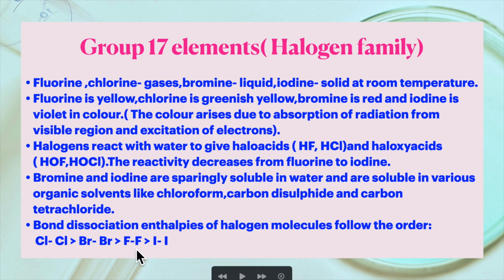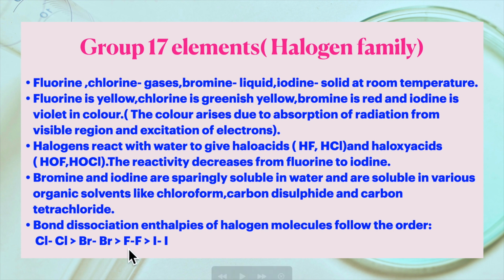Therefore the bond between the two fluorine atoms becomes weak, it requires less energy to break, and it has a lower bond dissociation enthalpy. In the chlorine molecule, the lone pairs are at a larger distance and repulsion is negligible, so the Cl2 bond is comparatively stronger. So the bond dissociation enthalpy of F2 is lower than that of Cl2.